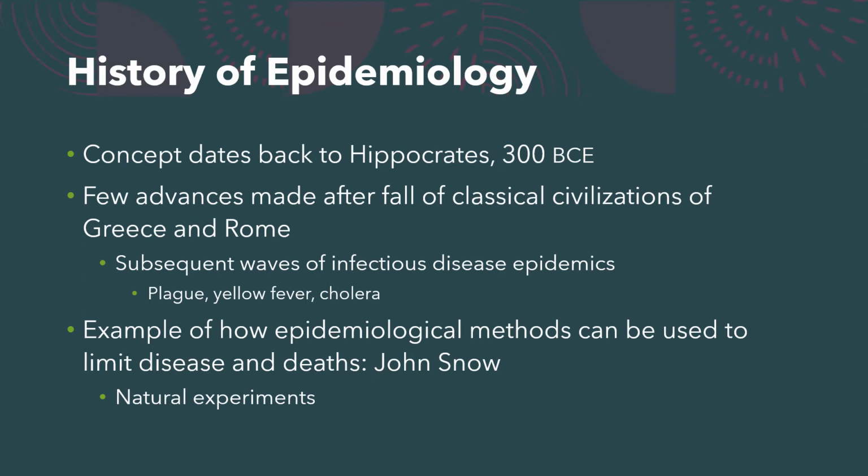So it really wasn't until the 19th century in England when John Snow became interested in understanding the spread of cholera, and he actually figured that cholera was a waterborne illness by mapping the number of cases of cholera that occurred around specific water pumps in London. So John Snow is often considered sort of the forefather of epidemiology in Western colonial cultures.